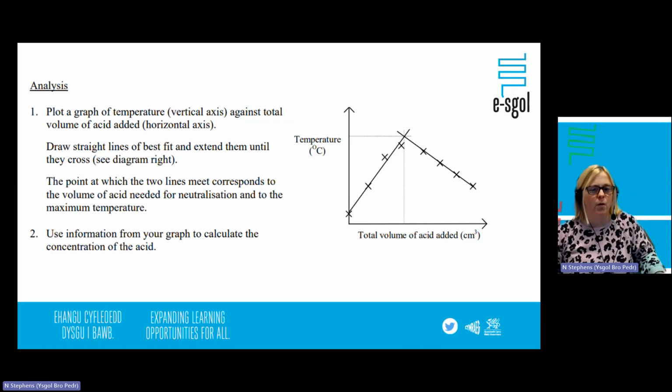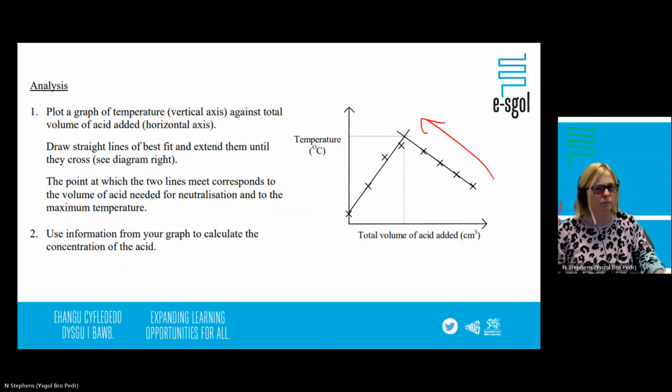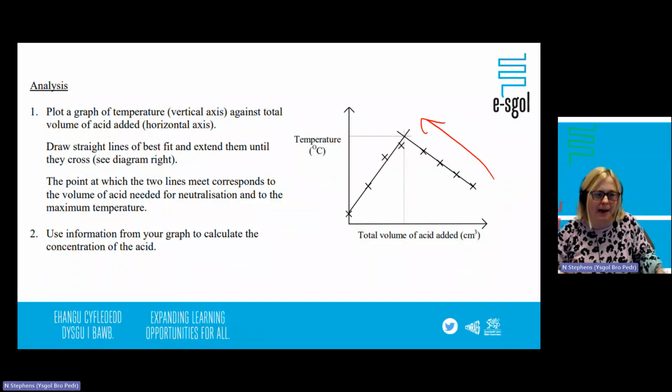So analysis would require this extrapolation of your data so that you have a sensible maximum temperature that theoretically would have been achieved. Okay, so make sure that you are superbly confident in a thermometric titration and you know how to carry it out and how you'd use that data to achieve the aim.